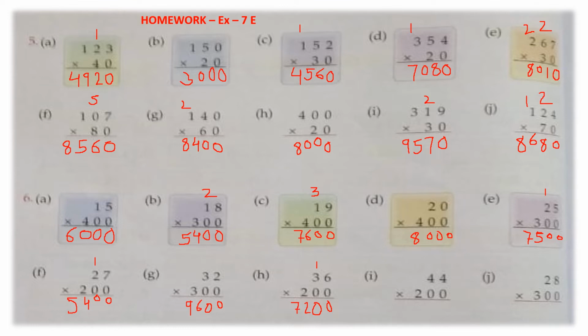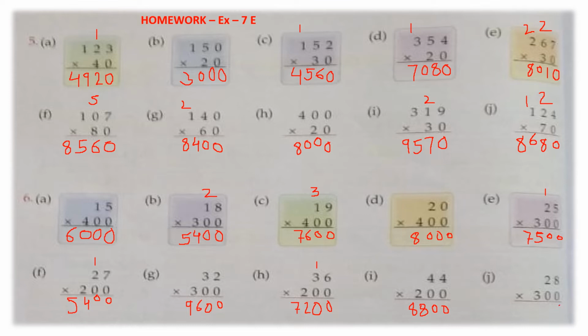Now I part, 44 multiplied by 200. Write 2 zeros. Now 44 multiplied by 2 is 88. So 8800. Now 28 multiplied by 300. Now here you have to write 2 zeros and multiply 28 with 3.